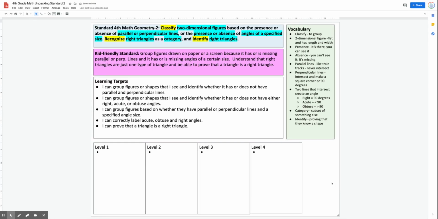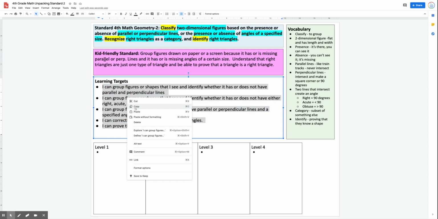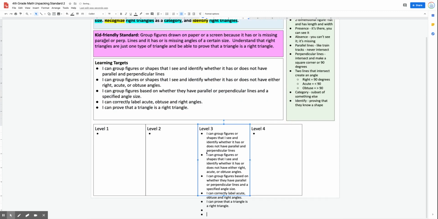Okay. So when we finished last, we finished our learning targets here. And what we're going to need to do, because this is what shows mastery, I can copy this and paste it here. And now I'm going to show you how Google Drawing is so versatile.